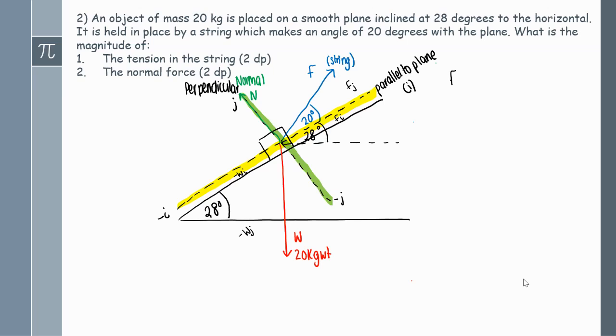Using what we saw in the last slide, we're going to find the tension of the string or our force F. Because the particle is at equilibrium, we can use the fact that Fi plus Ni plus Wi will all equal 0.